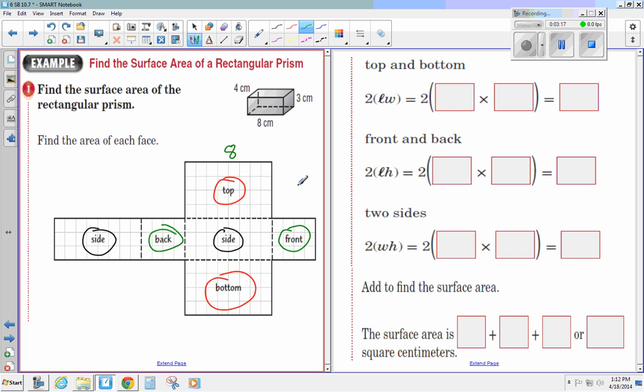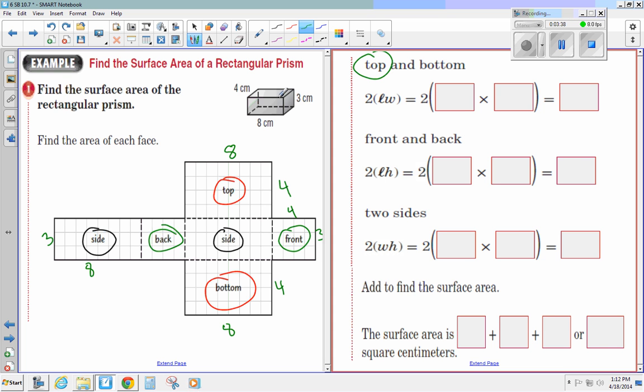This is 8, 4. So if we're looking at the top and the bottom, this top portion here is 4 by 8. 4 by 8 is 32 times 2, 64.